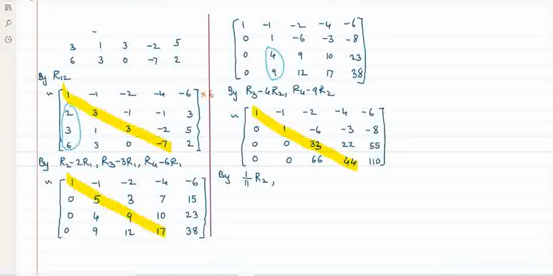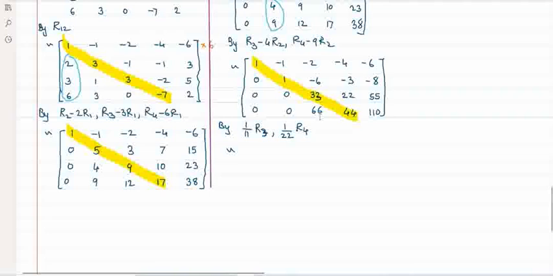Next one? Sir, R3. R3. Okay. Next, R4, how much to multiply? 22. Okay, fine.